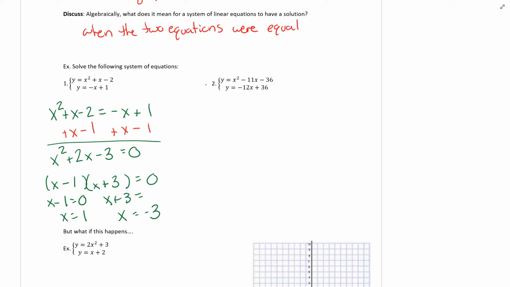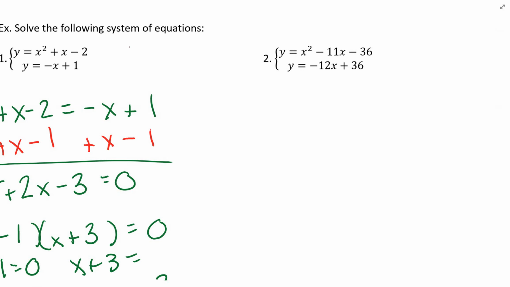So over here, I'm going to have y equals negative x, which turns into negative 1 plus 1. Y equals 0. That means my coordinate is 1, 0, and that's what this showed in the graph. Now I'm going to do the same for the next one.